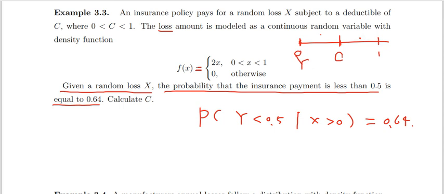So this probability equals this: first, x between 0 and c. This part, the payment is always less than 0.5.